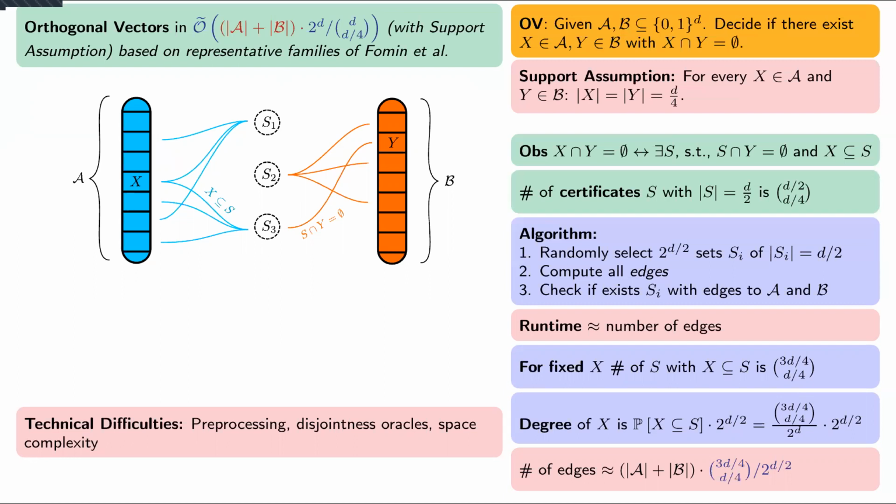I'm not sure if this is the right moment to ask this question, but in a sense, you are doing here a randomization of color coding, where the blue guys need to contain X, and the red guys need to contain Y. Would it be possible to replace this random sampling of enough sets S with some off-the-shelf construction of a universal hash family?